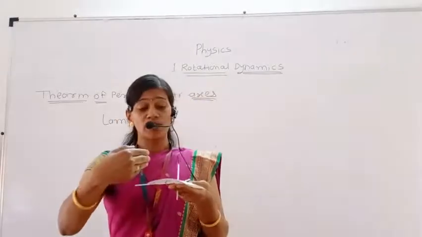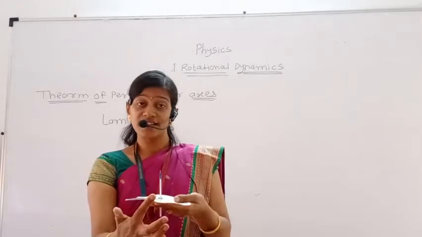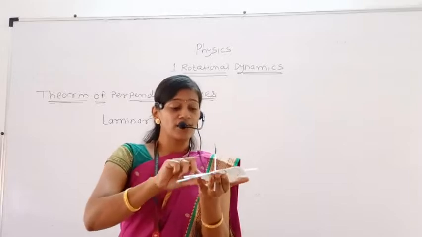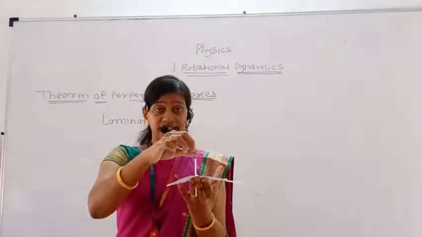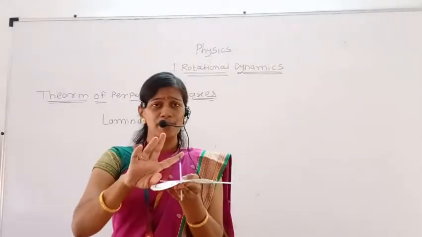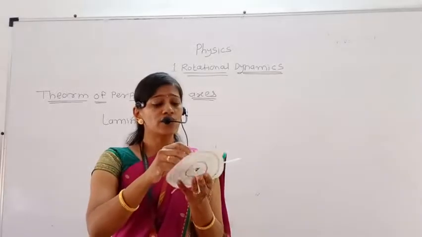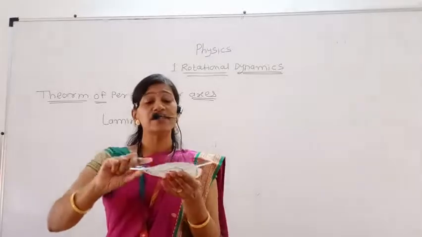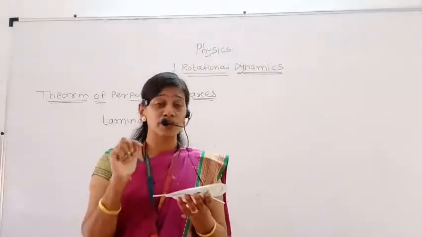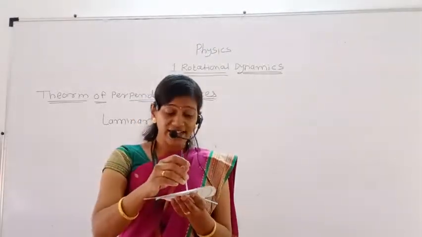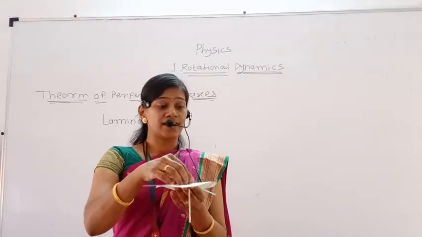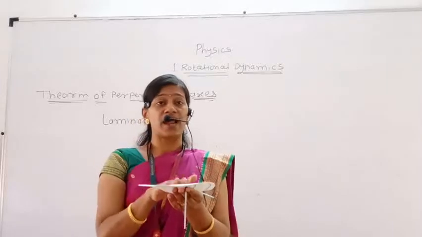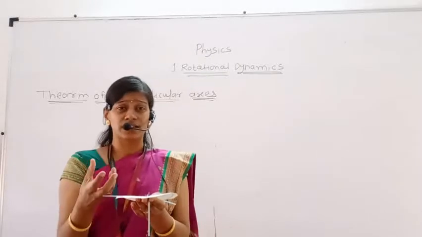So here the body is able to rotate along this axis, along this axis, and along this axis. This axis is a perpendicular axis. These two axes, which are present in the plane, are mutually perpendicular to each other. And all three axes are concurrent at the center point O. That means they are having the same effect at that point. It is called Samavarti.